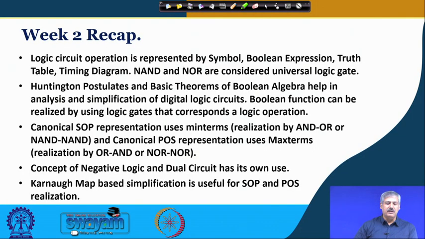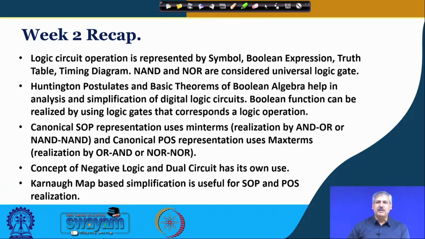Very quickly, in week 2 we have seen that logic circuit operation can be represented by an equivalent symbol, a Boolean expression like, if it is an AND circuit, then y is equal to a b, a truth table, the different combinations of the input generating a specific output, and also through a timing diagram.